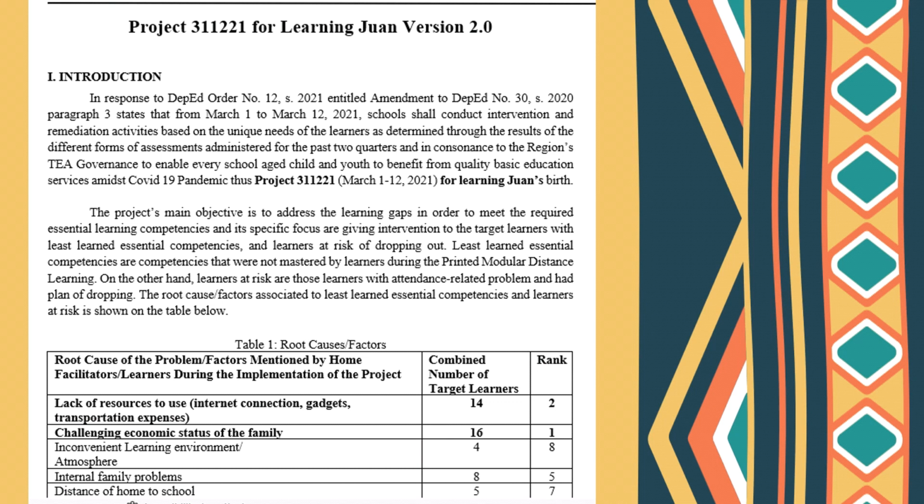So, it says here, in response to DepEd Order Number 12, 2021 entitled Amendment to DepEd Number 30 Series 2020, Paragraph 3 states that from March 1 to March 12, 2021, schools shall conduct intervention and remediation activities based on the unique needs of the learners and determined through the results of different forms of assessment administered for the past 2 quarters and in consonance to the region's T-governance to enable every school-age child and youth to benefit from quality basic education services amidst COVID-19 pandemic.